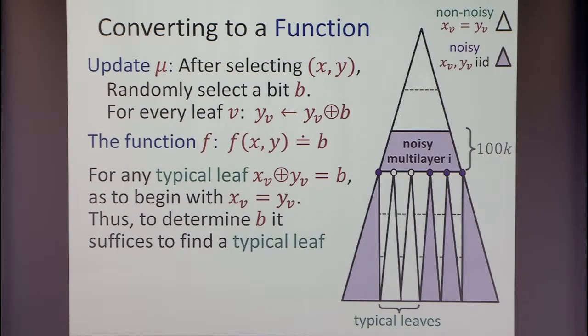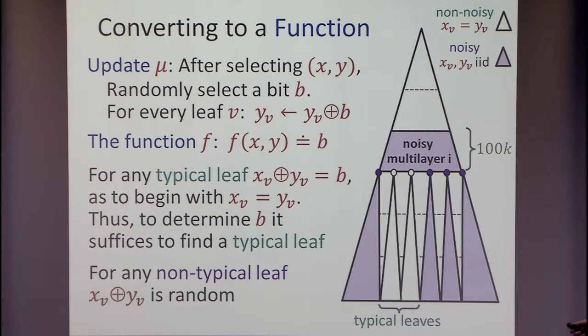So this says that if you want to determine b, it suffices to find a typical leaf. If you solve the search problem, then you can easily solve the function. If I find a typical leaf, I just sum the bits and output b. It's very easy. But if you have a non-typical leaf, then the sum is going to be random.